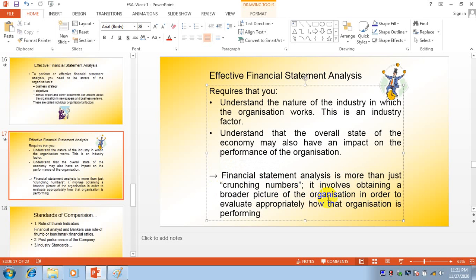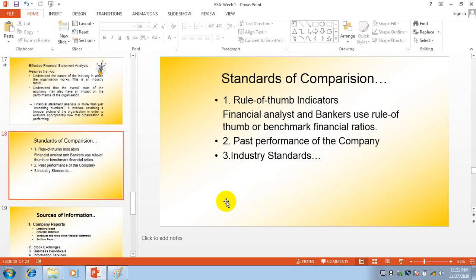These numbers are showing the performance of the organization. These numbers are showing the financial health of the firm. So these numbers are very important. It is giving us a broader picture about the performance and financial health of the organization.